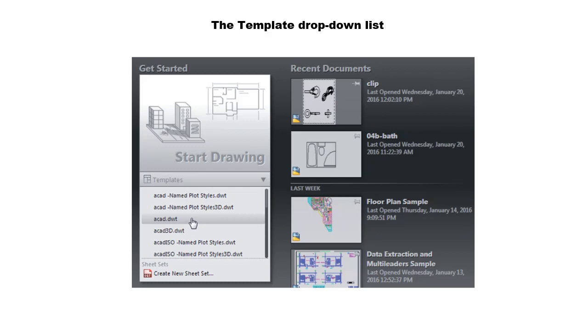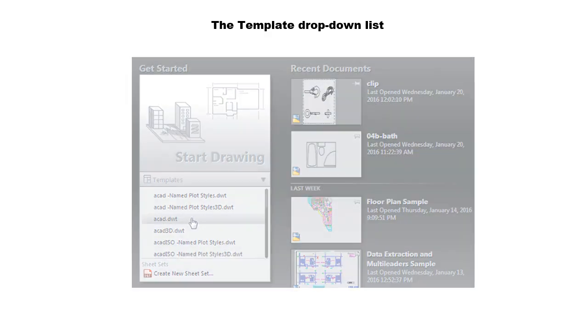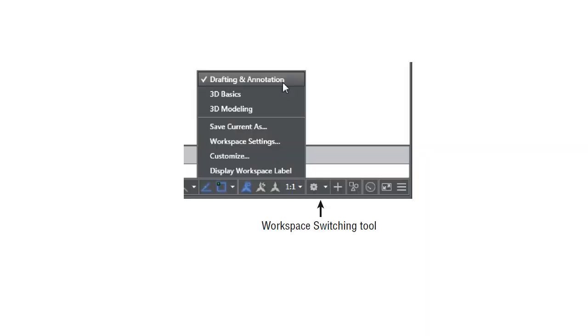You could also click the Start Drawing icon, but we ask you to use the ACAD.DWT or ACAD ISO.DWT template to ensure that you're set up with the same defaults as in the next exercise. Second, make sure that you're in the Drafting and Annotation workspace. Click the Workspace Switching tool in the status bar and select Drafting and Annotation.